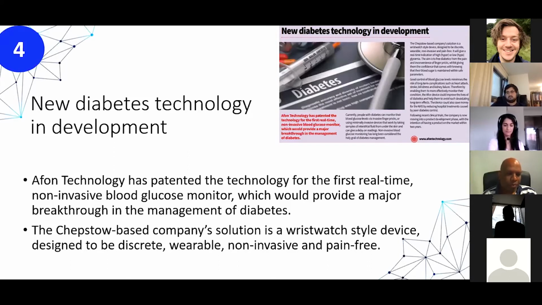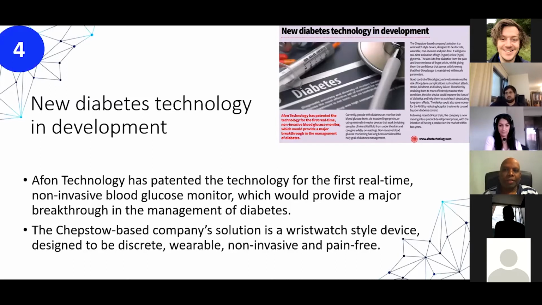So all of us know the people who suffer from diabetes got to have a glucose meter, and these are either a prick to get a drop of blood, or it has micro syringes, so you put a patch on your skin and that kind of interacts with the glucose monitor and you check your glucose levels.